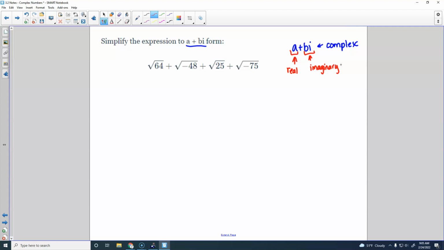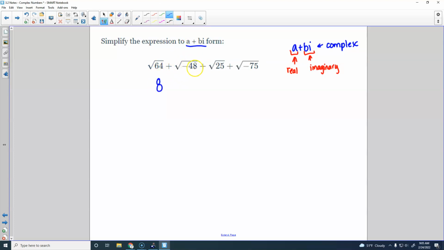Technically, the ones that we were just looking at are going to generally be referred to as imaginary numbers. A complex number has a whole number added or subtracted to a factor that has an i with it. So if we look at this problem, square root of 64 is just 8.